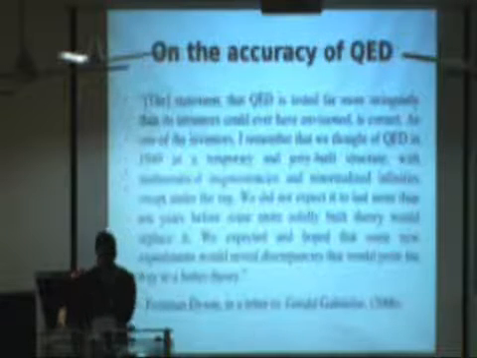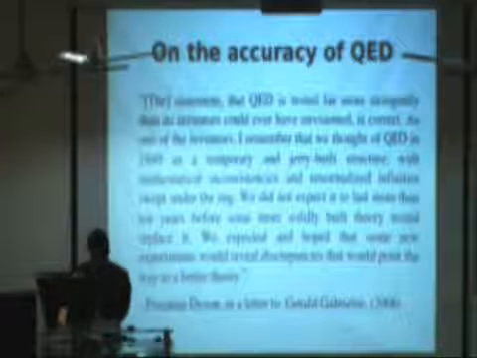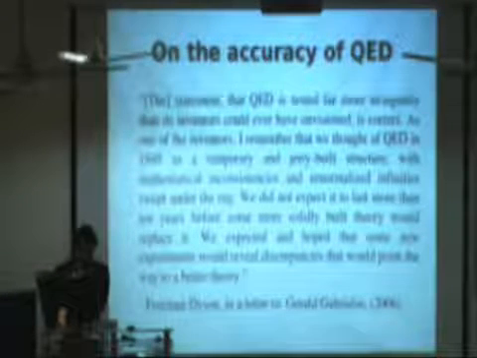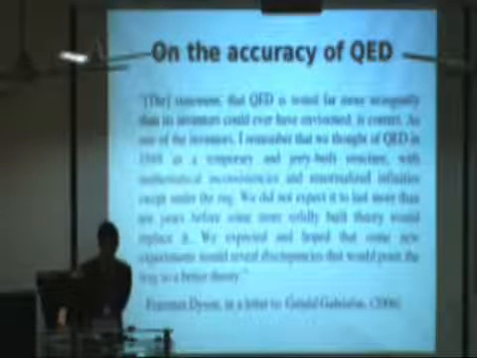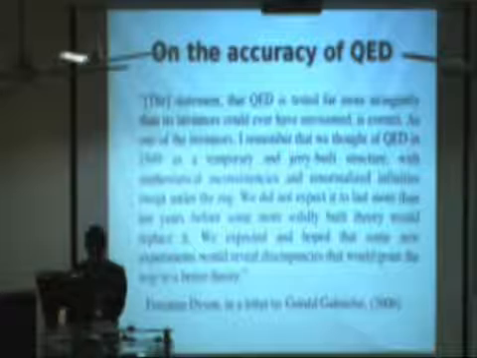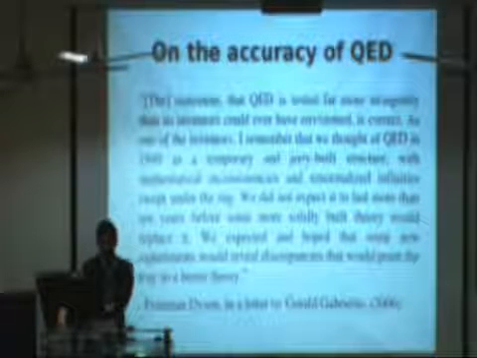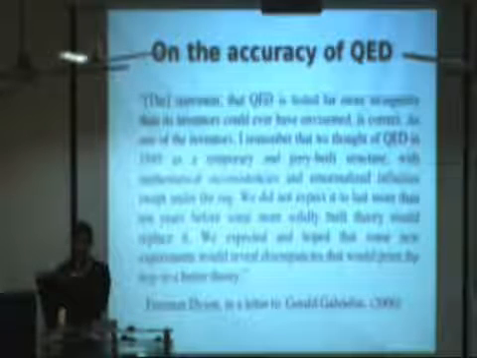So QED was in fact tested much more stringently than its inventors could have ever envisioned, as Freeman Dyson said to Gerald Gabrielse: "As one of the inventors, I remember we thought of QED as a temporary and jerry-built structure with mathematical inconsistencies, and we renormalized infinities, swept under the rug.